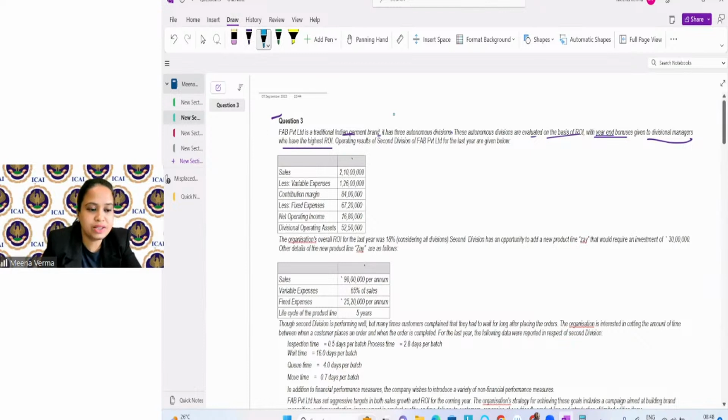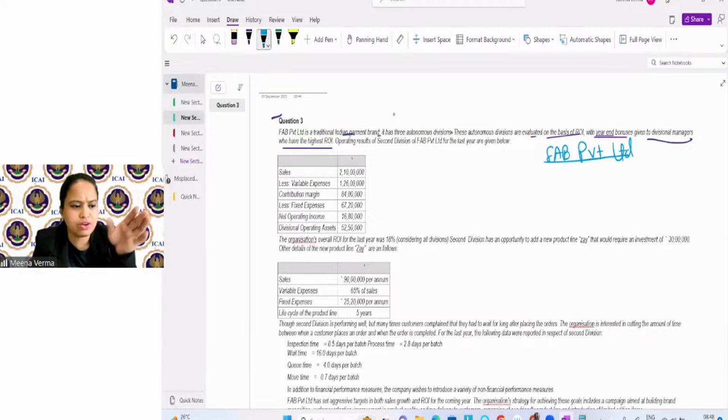There is a company. The name of the company is Fab Private Limited. This company has different divisions. Here they are talking about 3 divisions. So let's consider division 1, division 2, division 3. The performance of these 3 divisions is analyzed based on return on investment, ROI.